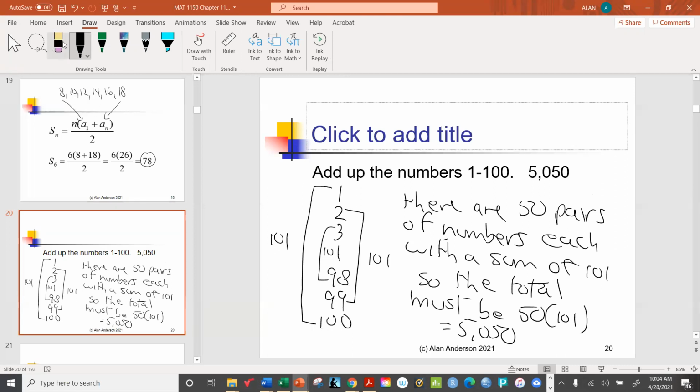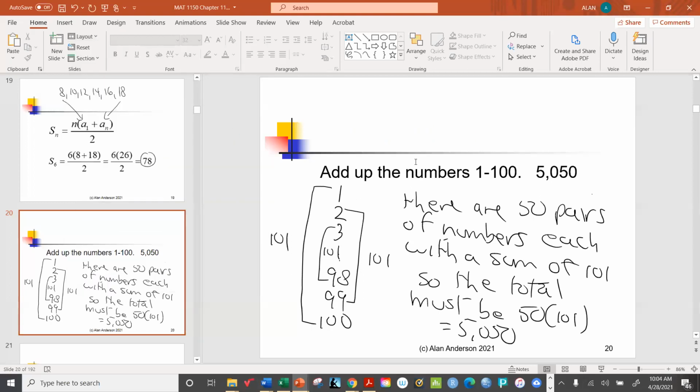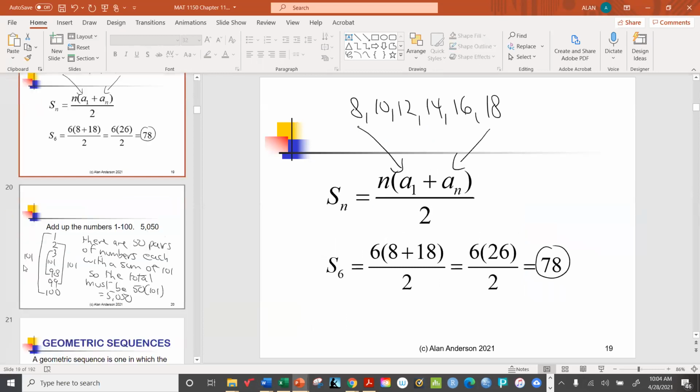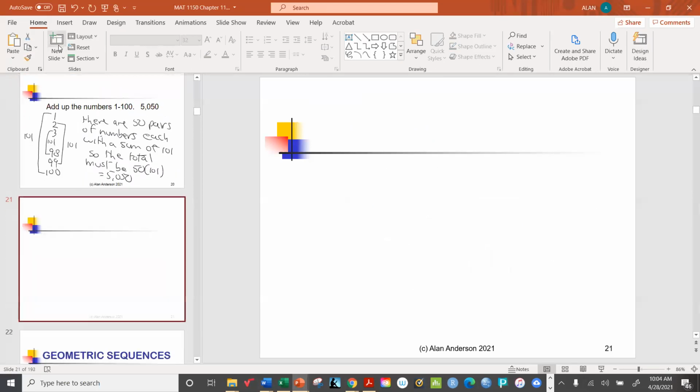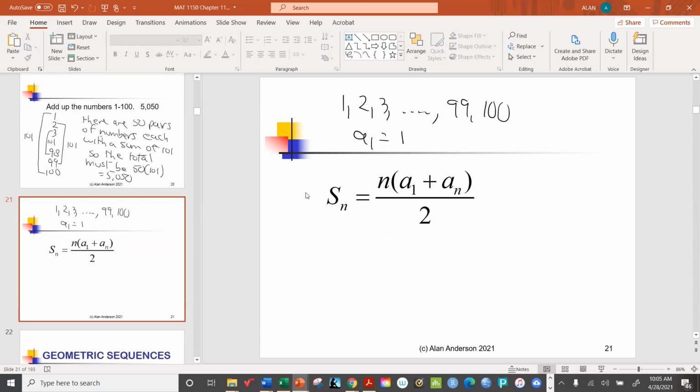But what I wanted you to notice is that all he did, although the formula had not yet been invented, was apply our formula. Because if you look at the formula, you'll see that you've got the numbers 1 through 100. The first number is 1. The last number is 100. So the sum here is 101, and there's 50 pairs.